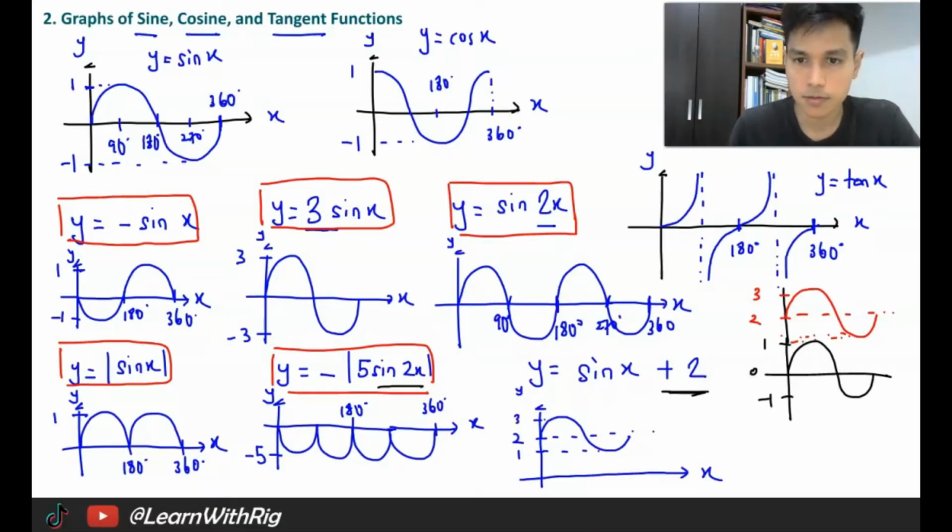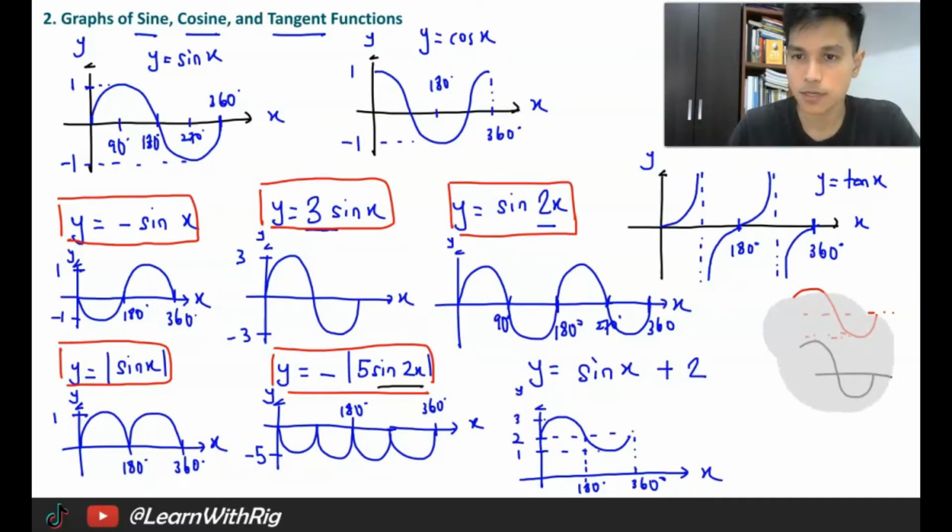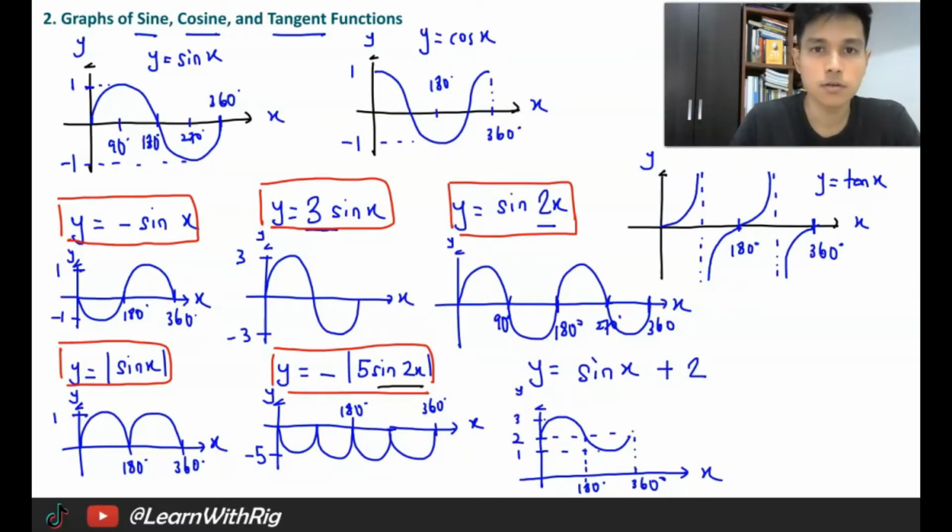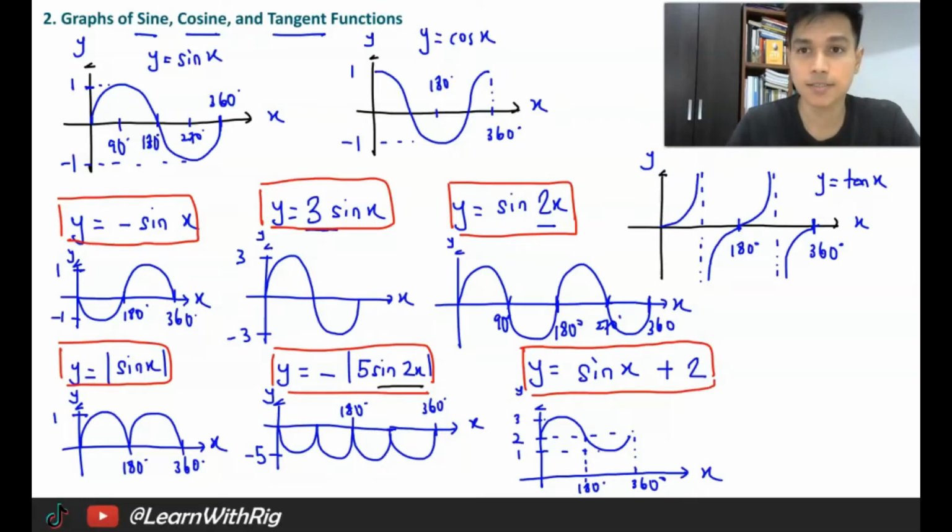Then you can label here would be 360, halfway here would be 180. So this graph is y equals sine x plus 2. Clear? So let me recap. If it's plus 2, that means you're shifting up. If it's negative 2, you're shifting down. Negative means shift down. So this is the basics of sketching graphs. Now let us go straight to some exercises.